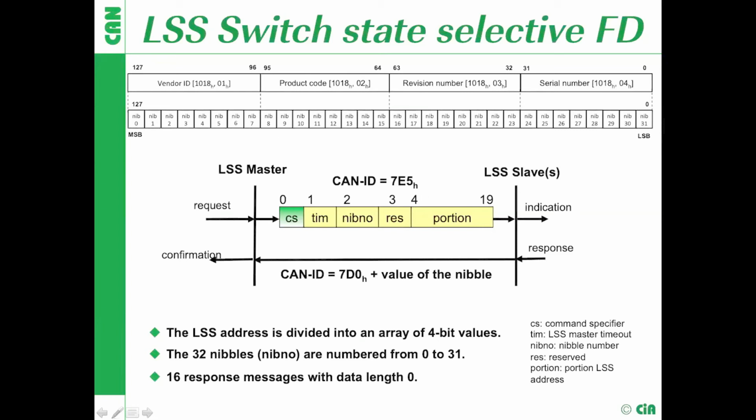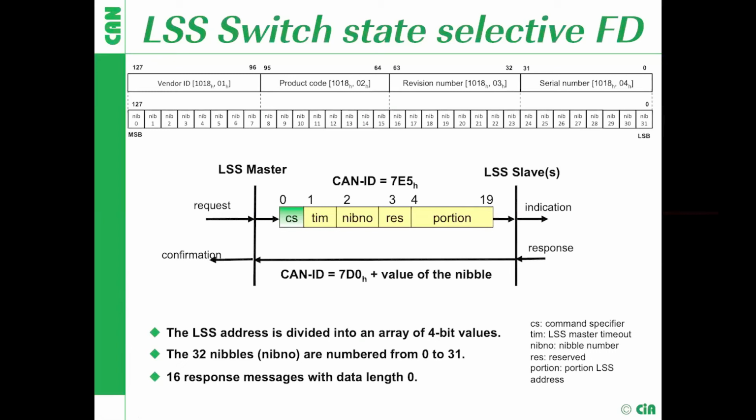And this number in the protocol indicates the neighbor to be checked and is sent in the request by the LS master. So a special case neighbor number is the number 32.